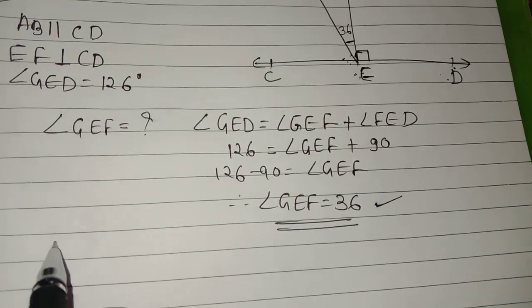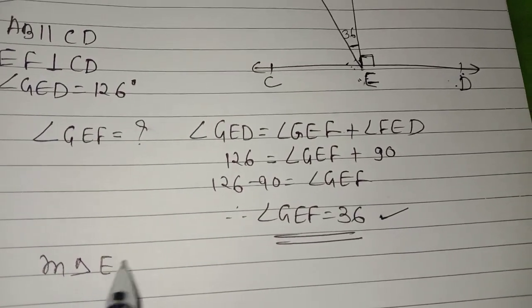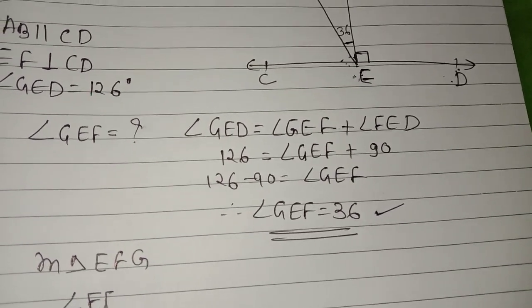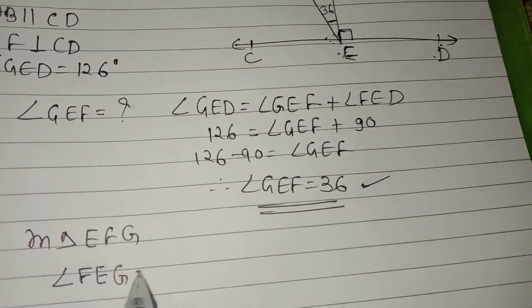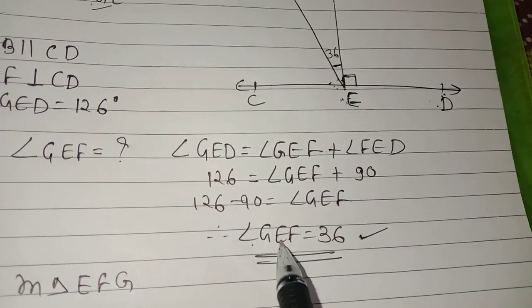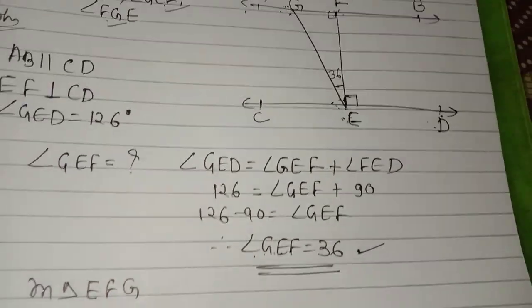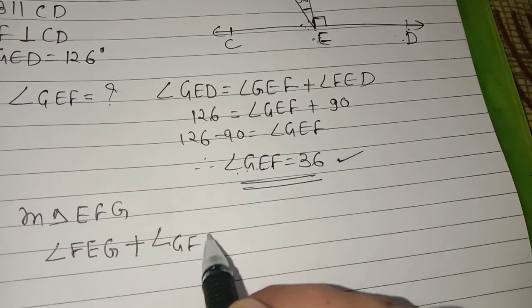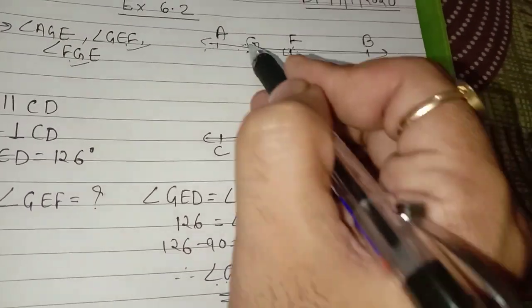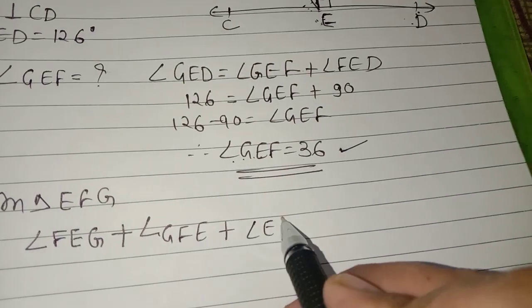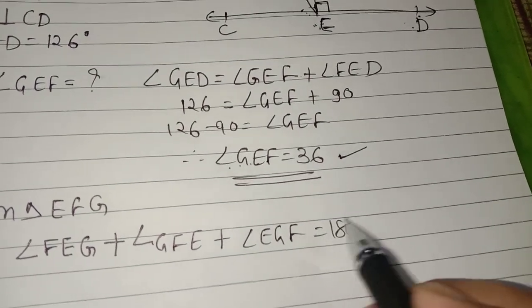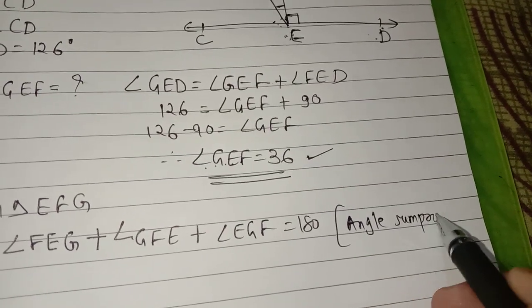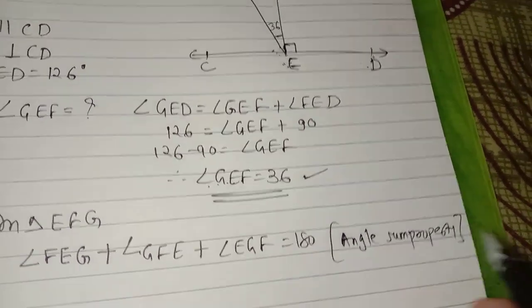So we'll write here in triangle EFG, angle FEG plus angle GFE plus angle EGF is equal to 180. What is the reason? Angle sum property.